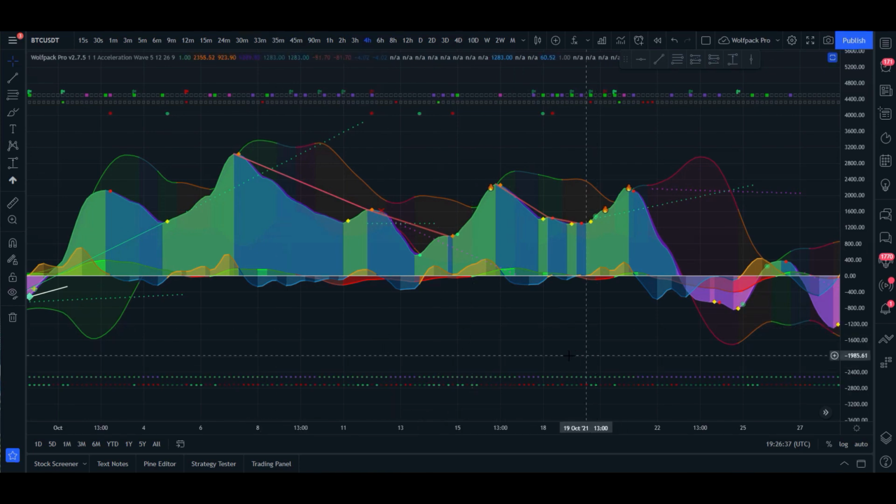Other things about Wolfpack Pro, you can obviously see trend lines. What it also does is extrapolate where it continues. And there is actually a strategy. I don't personally use it, but I've seen a number of people use it very successfully, where they use these dotted trend lines and map them out a little bit more on the charts, and they manage things as trend lines on the oscillator, not just on price action.